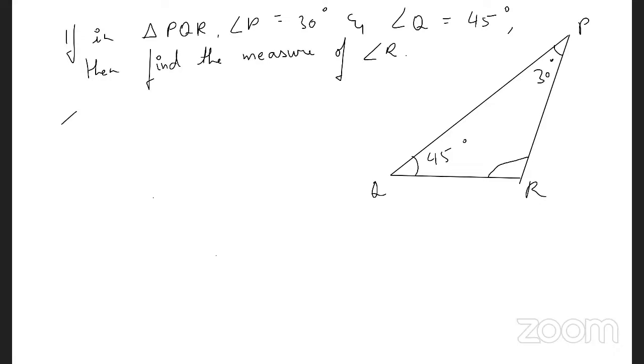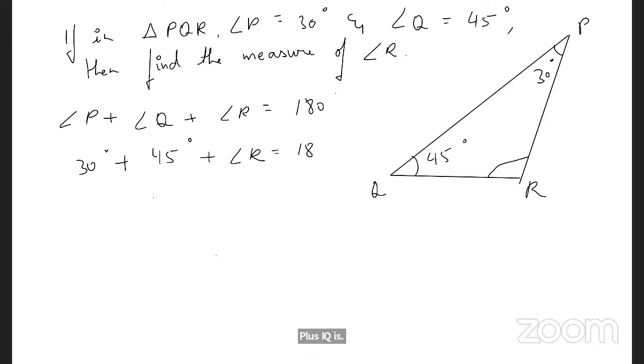Angle P plus angle Q plus angle R. Sum is 180 degrees. We know that angle P is 30 degrees plus angle Q is 45 degrees plus angle R we don't know.